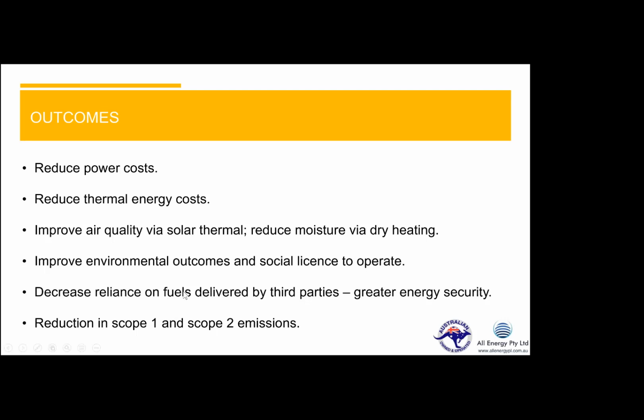Decreasing reliance on fuels and fuel delivery. We've seen with COVID supply chain disruptions, there is only a couple of weeks worth of fuel storage within Australia. So providing greater opportunities for domestic or local heat usage.